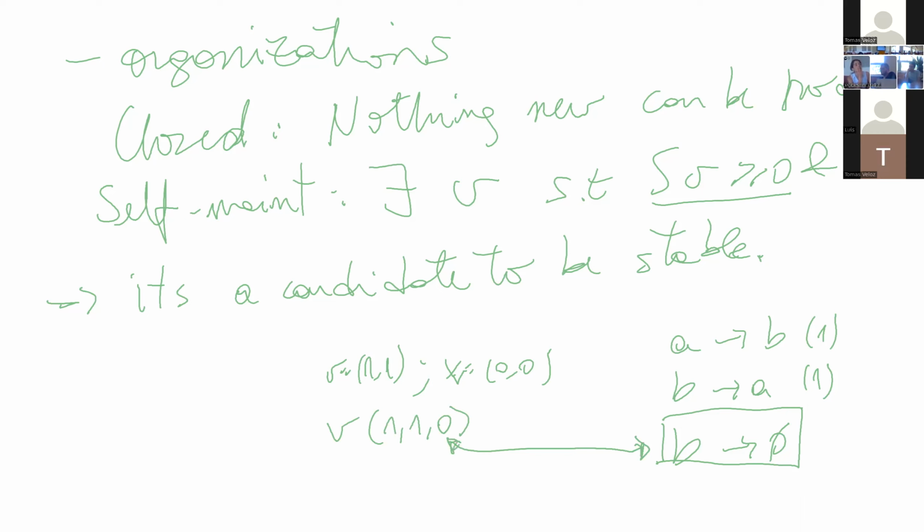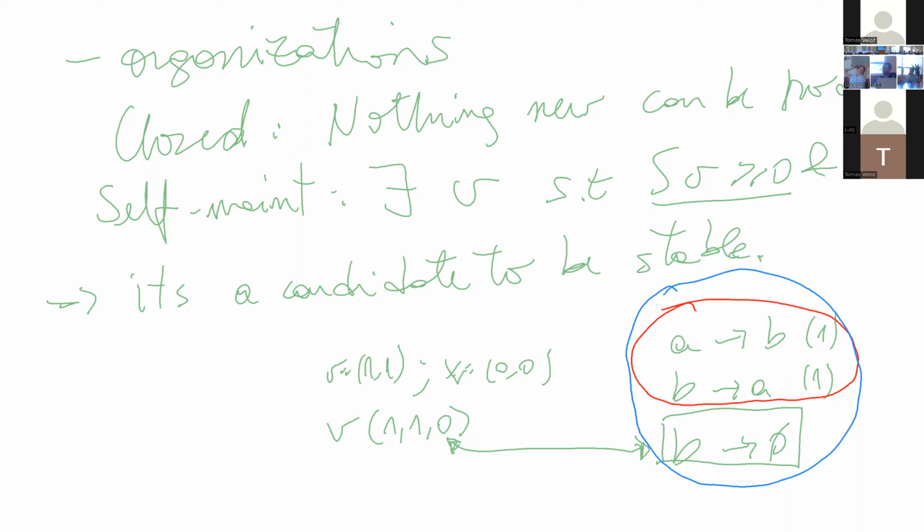So if we restrict the system to only have these two reactions that I will mark in red, this first system is self-maintaining. The extended system that I look in blue is not self-maintaining. Right. Got it. Mm-hmm. Perfect.